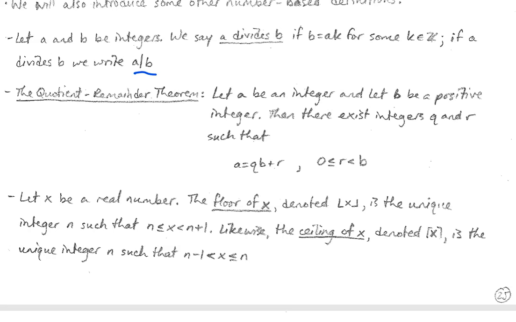Another way to say this is that the floor of x is the unique whole number n that is less than or equal to x.